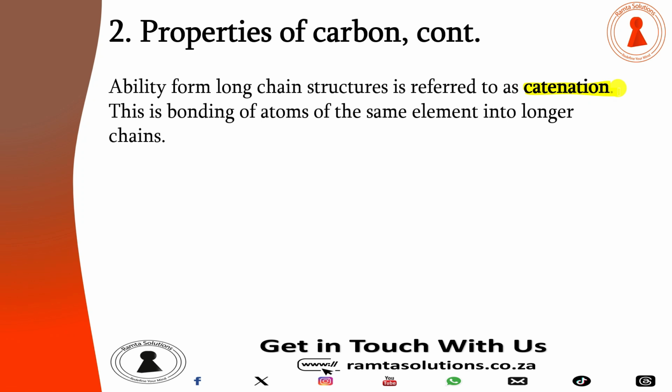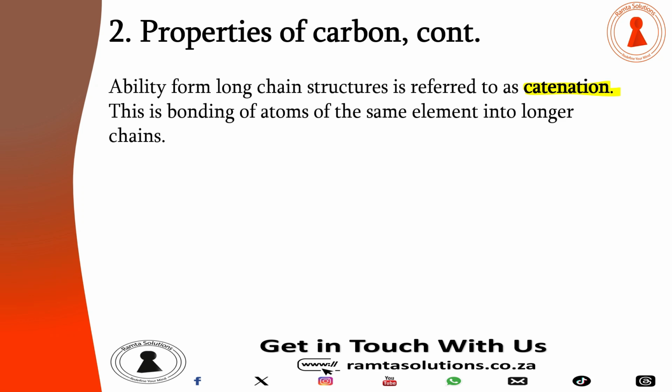Now, what is this? This is basically how atoms can form bonds of the same element into longer chains. You will see that as we progress with organic molecules, some molecules have 2 carbons, some have 20, some have an infinite number of carbons.